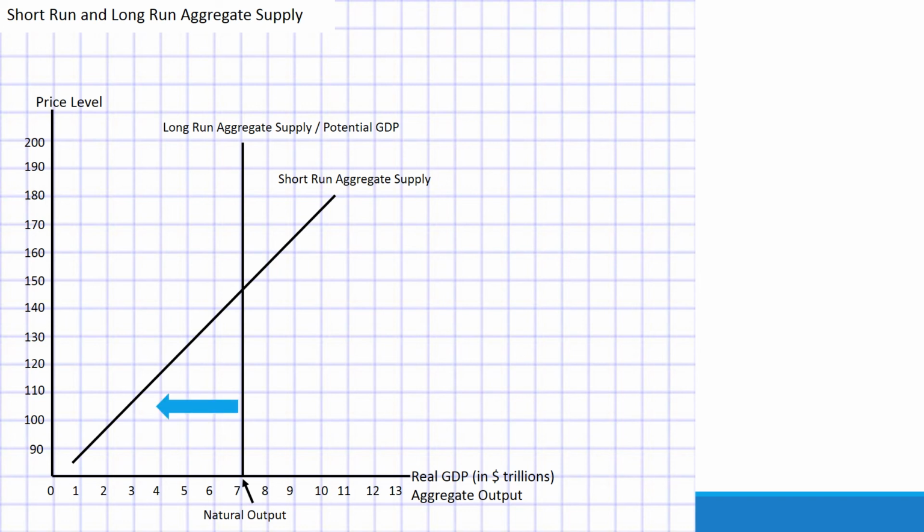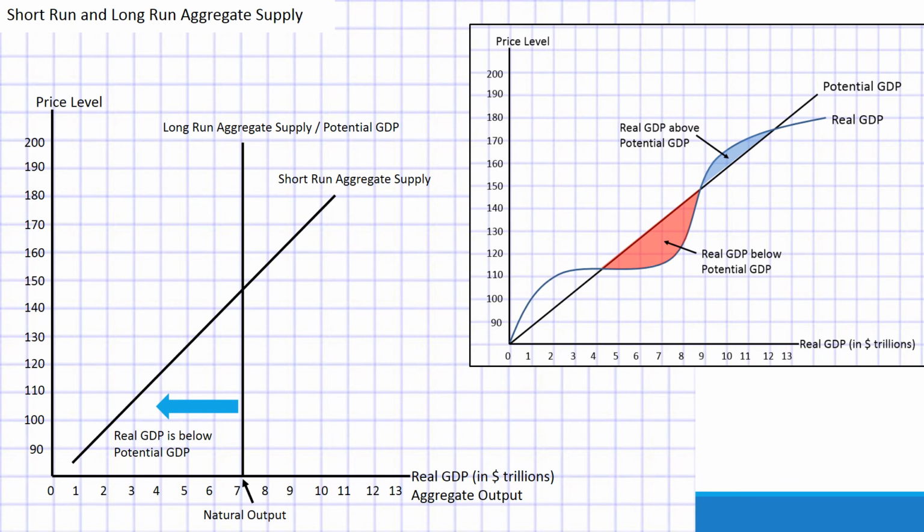Whenever we look at this side of the potential GDP, any point, basically in our next lesson, that falls on the left of long run aggregate supply is where real GDP is below potential GDP. You'll notice that anything to the left of long run aggregate supply is in the red on our chart on the right.